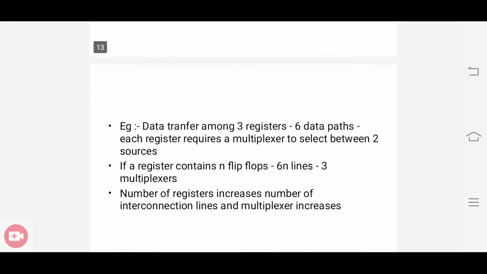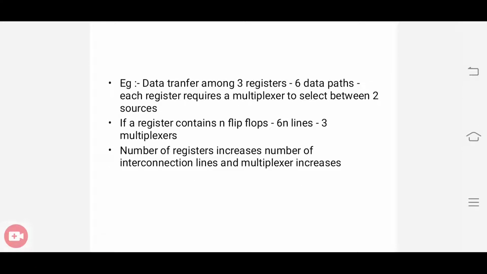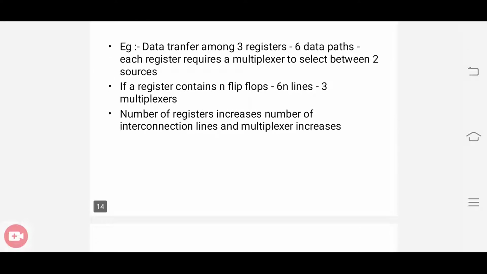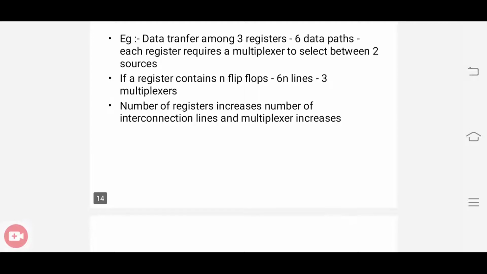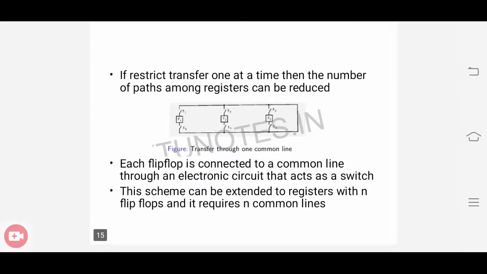And how to reduce these 6 paths? By using some flip-flops and multiplexers in a system, we can reduce the number of paths, or we can restrict the number of lines by using switches. This is an example of 3 registers connected by a common line by using a switch.